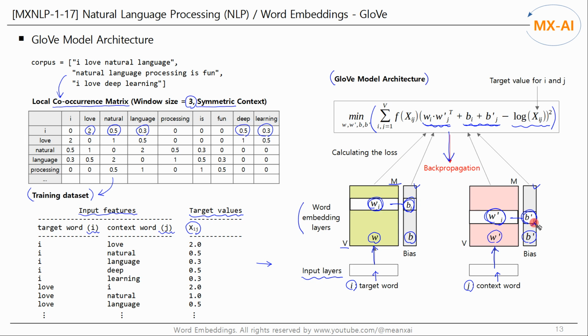After training is complete, the final word embedding is obtained by summing the target and context embedding vectors. For example, the final embedding for word k is Wk plus W'k. And that's the complete architecture of the GloVe model.